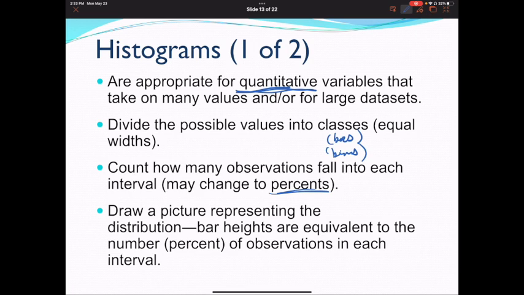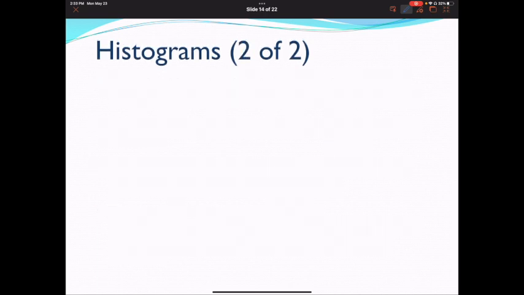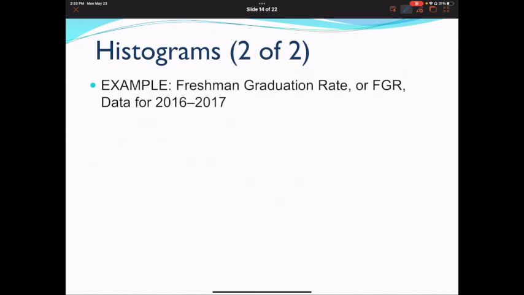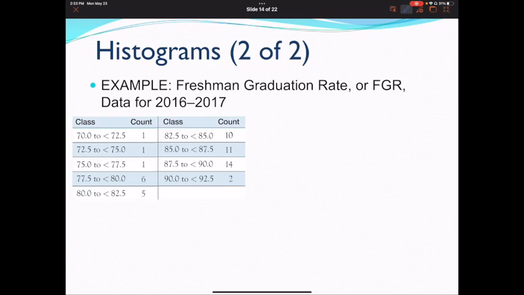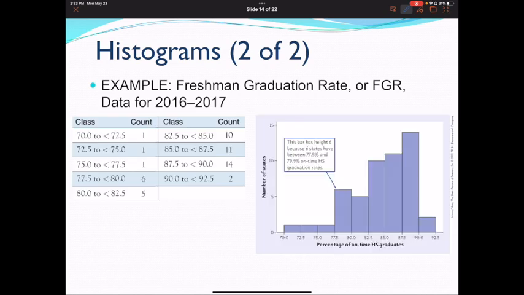Let me go ahead and show you guys an example. Here we have the freshman graduation rate, the rate of people who start as freshmen and graduate after 4 years of high school, from 2016 to 2017, right? We have one state that had a graduation rate between 70 to 72%.